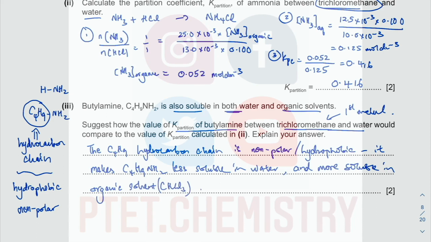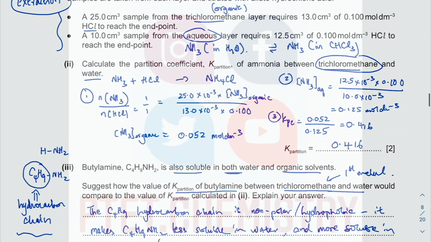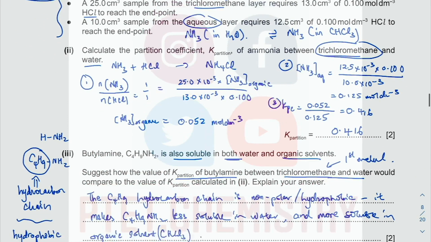Oops, I should use a bracket there. So we are going to help to solubilize the amine, the butylamine, in the organic solvent compared to in water. So we will help to move the equilibrium to the right for butylamine.